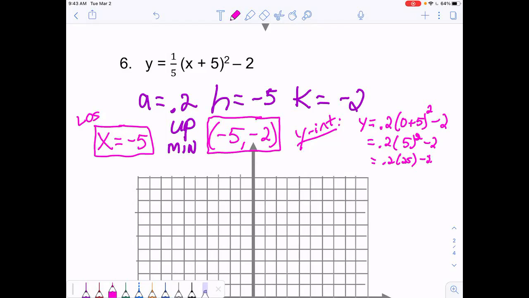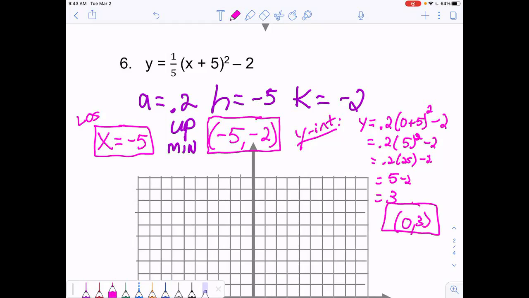Well, actually, it's not that tricky. 0.2 of 25. 1/5. What's 25 divided by 5? 5. Yeah, good. And then lastly, what's 5 minus 2? 3. And then we got to pick out our point. Our point is 0, 3.